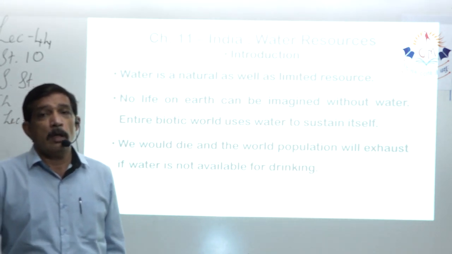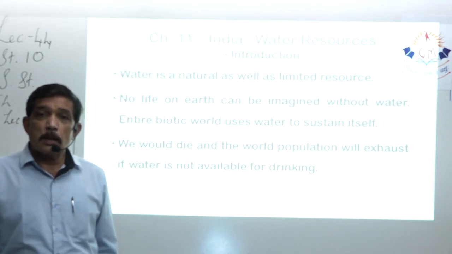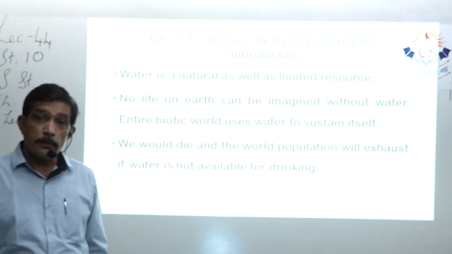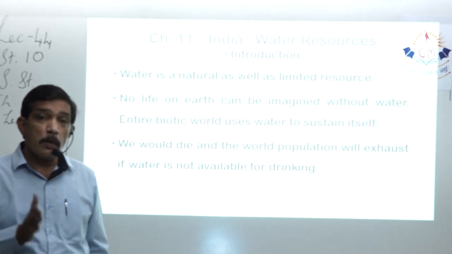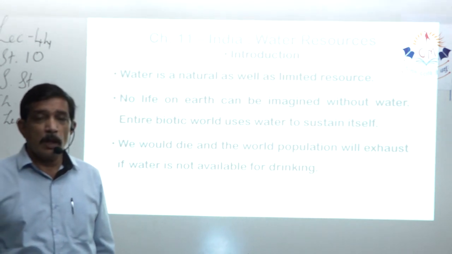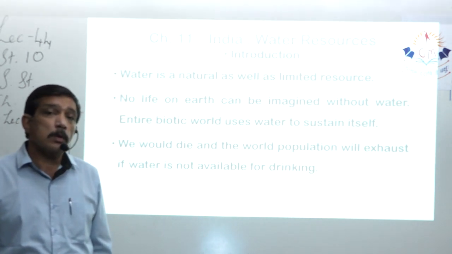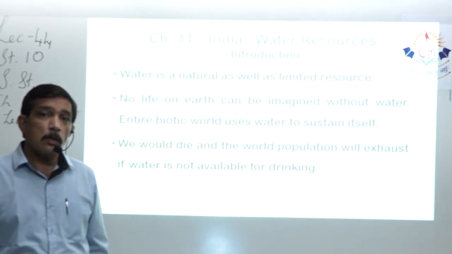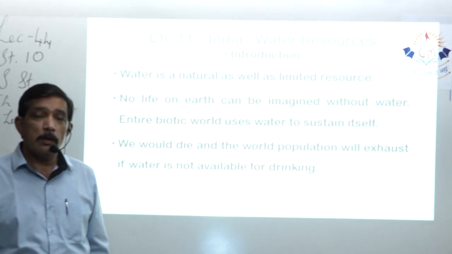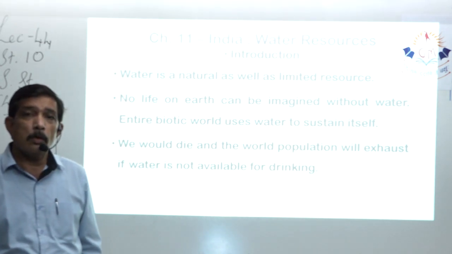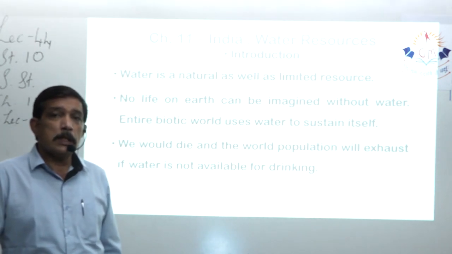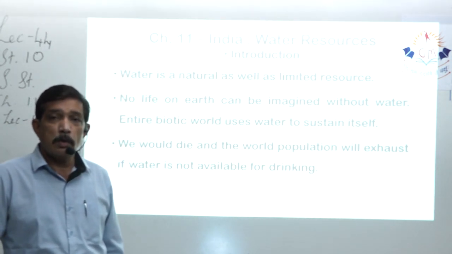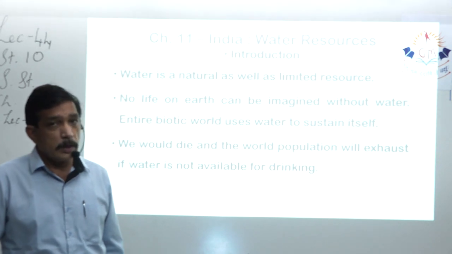So we get lots of rain, lots of heat, lots of humidity. It is all because we are quite near the equator. The southernmost tip of India is located at 8 degrees north. That means it is just 8 degrees above 0 degree, which is the equator.